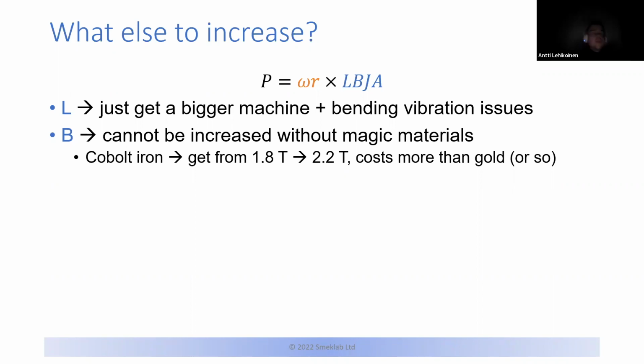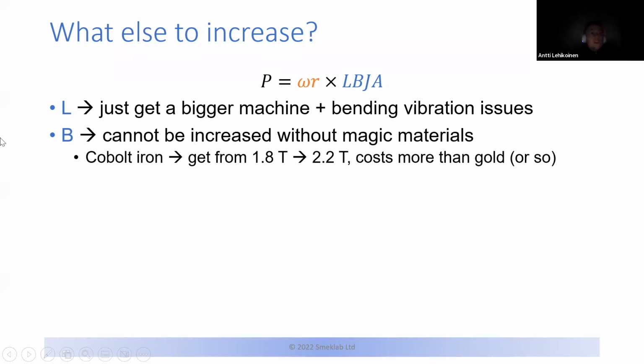So for power density or efficiency, it doesn't really help. Plus, you remember that bending vibration thing I spoke about earlier. When you increase the length, you decrease the bending frequency, meaning you can't operate your machine at higher RPMs anymore. Okay. So the next factor is the flux density.